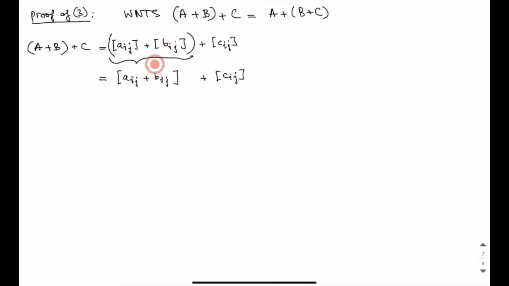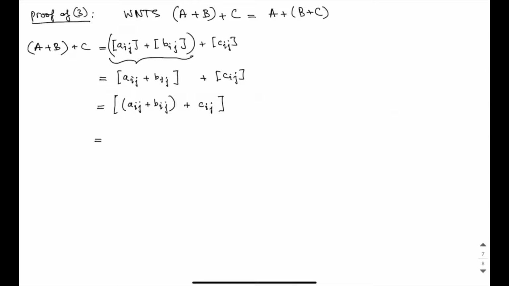Now, this result matrix will be added with the matrix C. And so you are going to add the entries Aij plus Bij. This is the entry on the ith row and the jth column of the summation matrix. And it is going to be added with the entries on the ith row and the jth column of the C matrix.